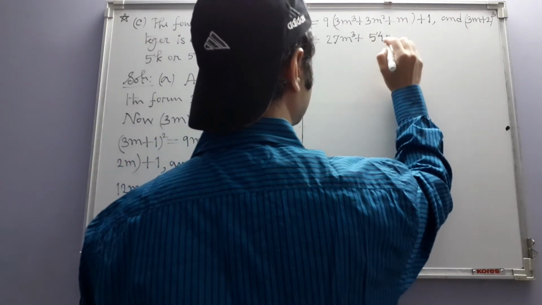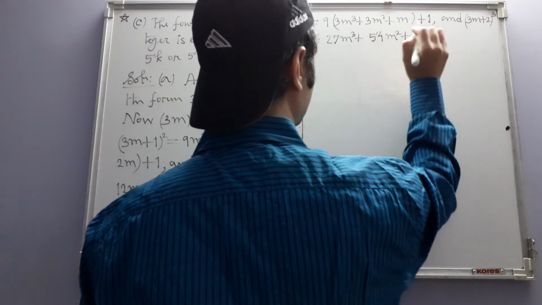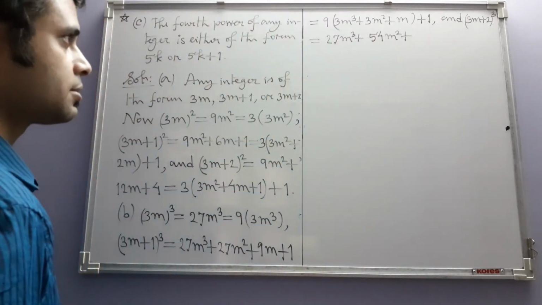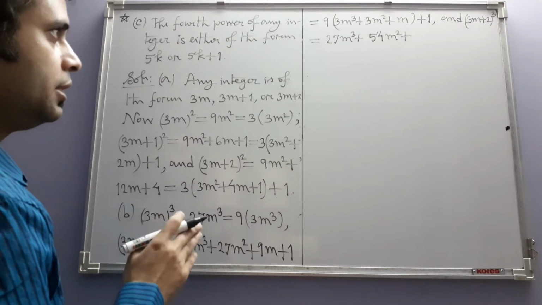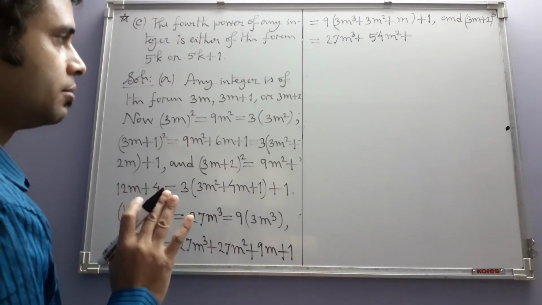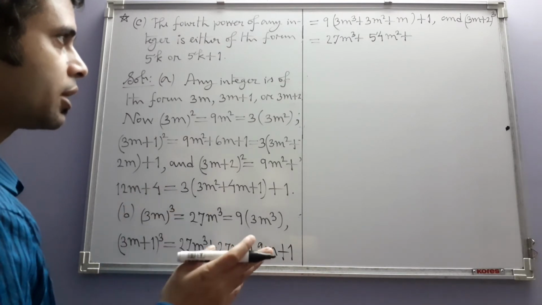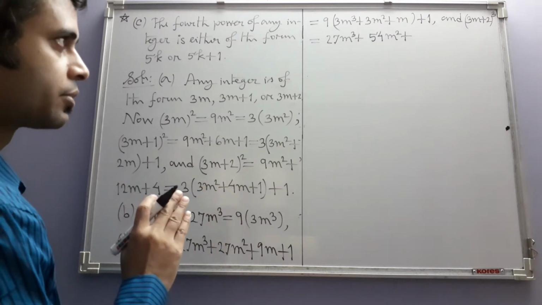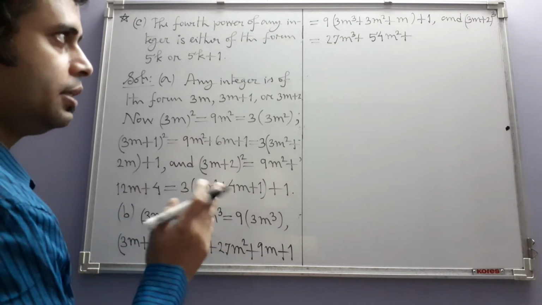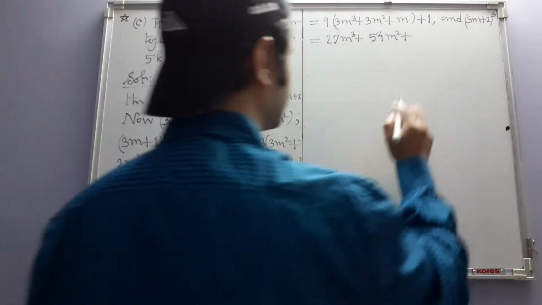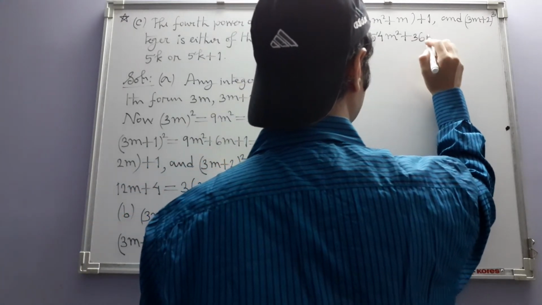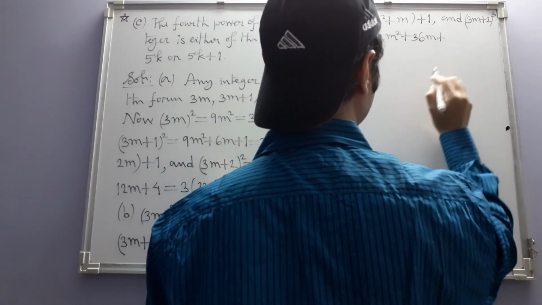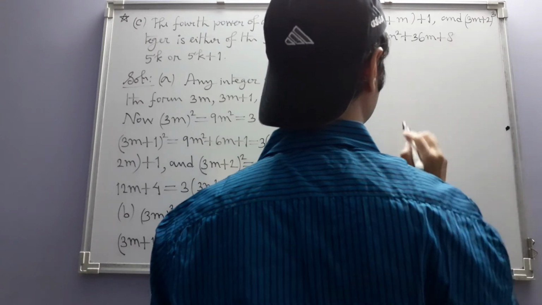So 54m square plus 3a b square. That means b square is 4 and 3a is 9m, so 36m plus b cube, this is 8.